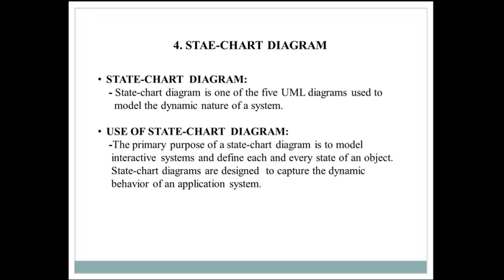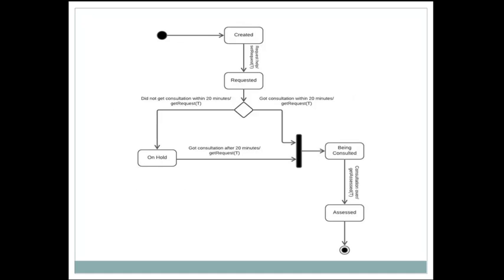The events are responsible for state changes of the system. A state chart diagram is used to represent the event-driven state change of a system. It basically describes the state of a class, interface, etc. It is used to visualize the reaction of a system to internal or external factors.